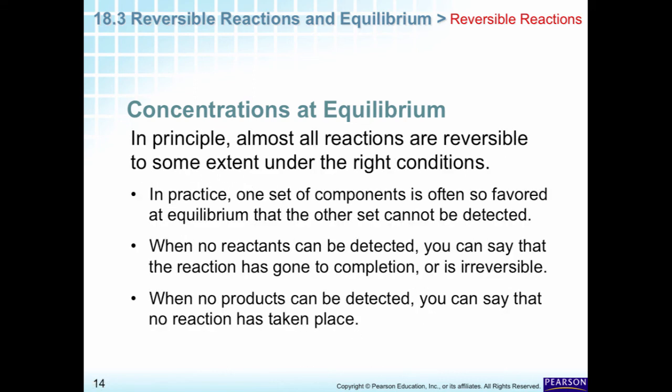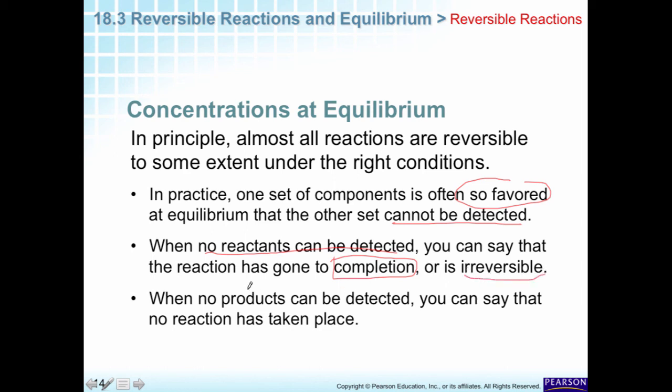Okay, in principle, everything's reversible. In practicality, though, it may not seem that they're reversible. Some components may be so favored that you can't see the other ones at all. So for instance, when you cannot detect any reactants anymore, we say that the reaction has gone to completion because we have mostly products, or sometimes we use the word irreversible.